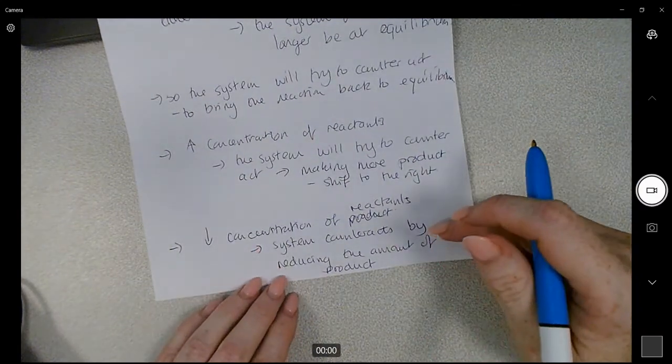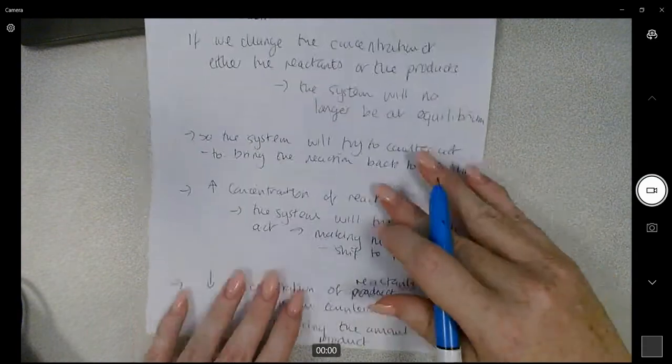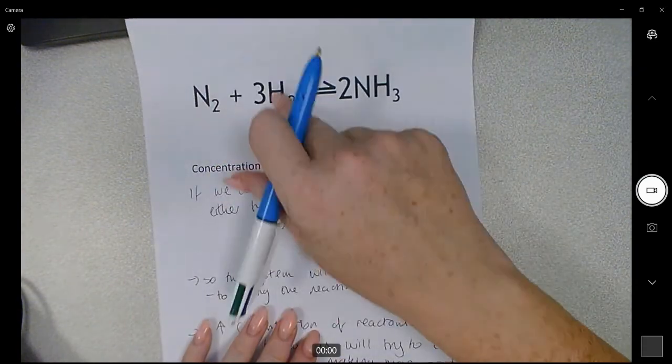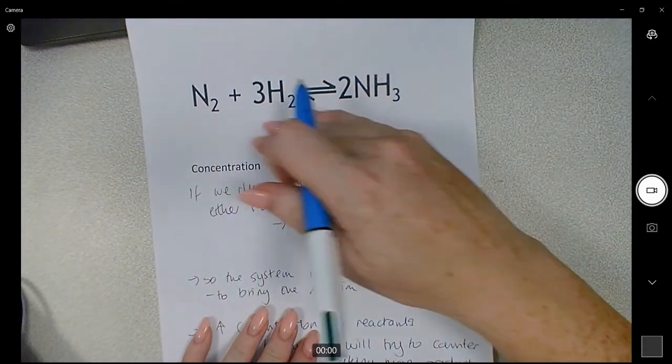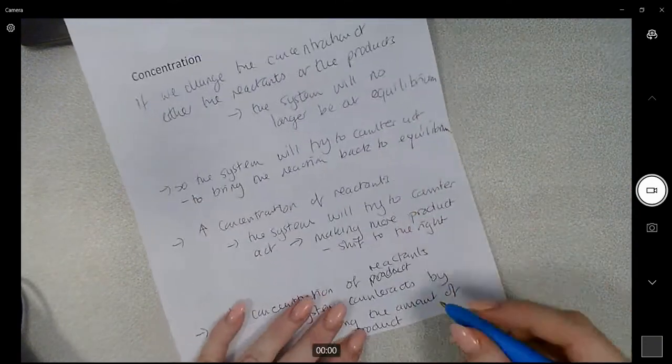So the system tries to counteract that by reducing the amount of product. If I make this amount less, the system tries to make more of this, so therefore it will shift towards the left of the reaction.